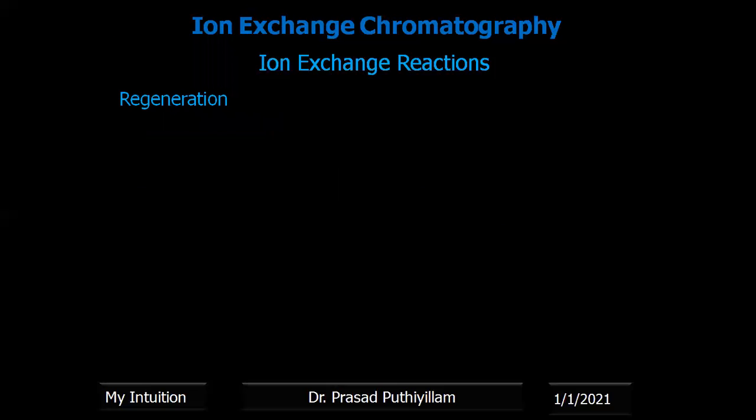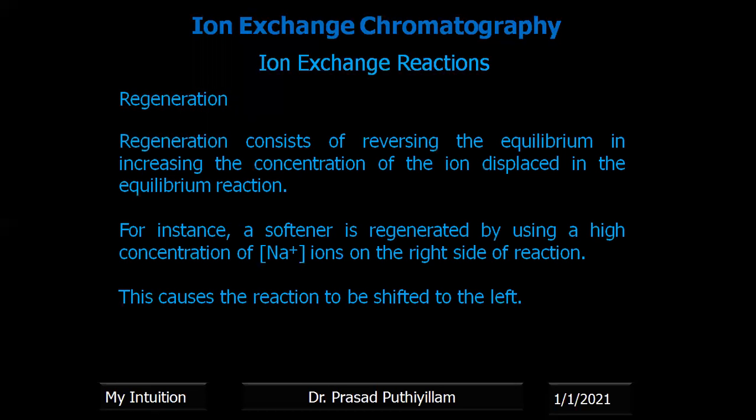So, if we consider the regeneration of the ion exchange resin, if it is in equilibrium, what will happen? Regeneration consists of reversing the equilibrium by increasing the concentration of the ion displaced in the equilibrium reaction.